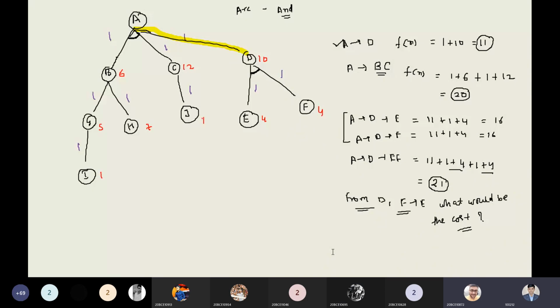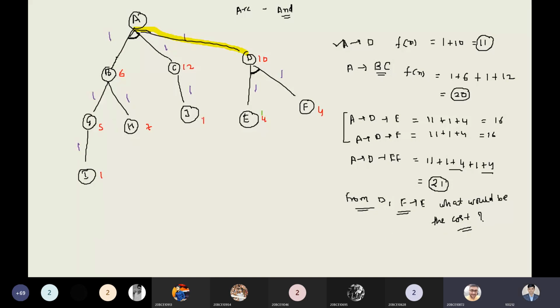See again, basically the cost of reaching F to E from D, I need this value from F to E. I'm just drawing a different color diagram, so I need this value first. What is my point?